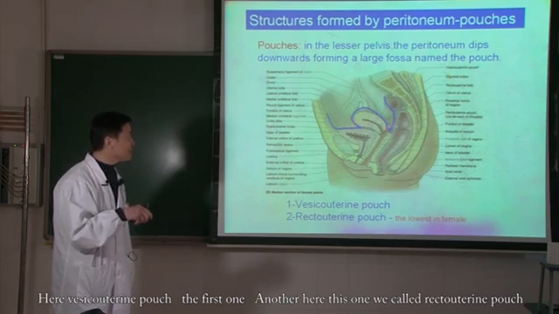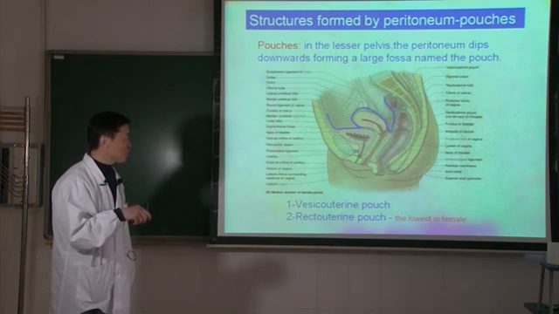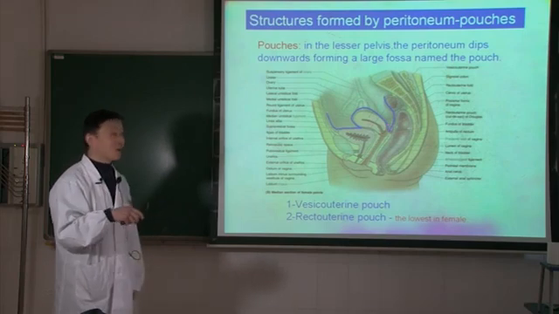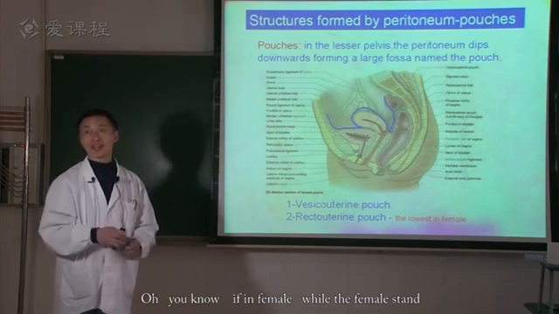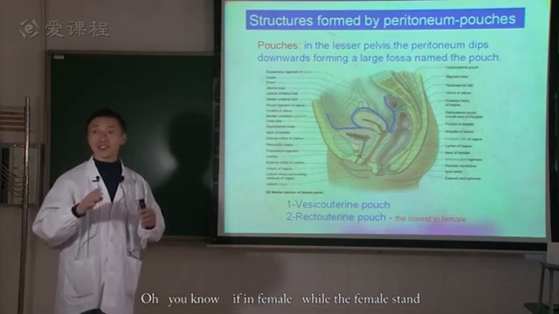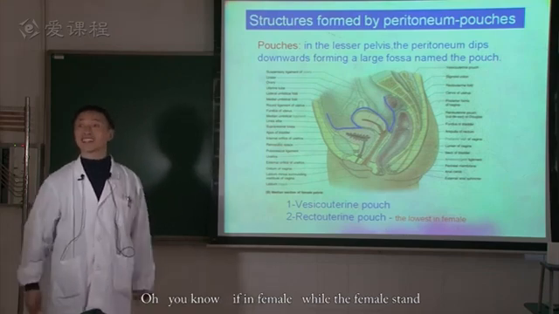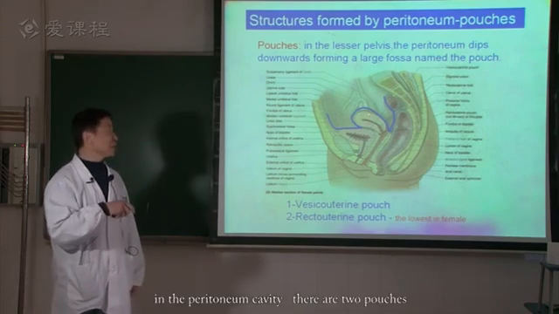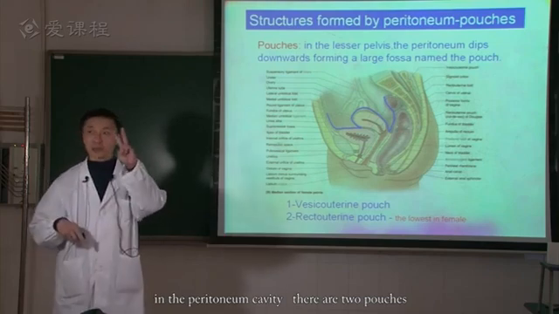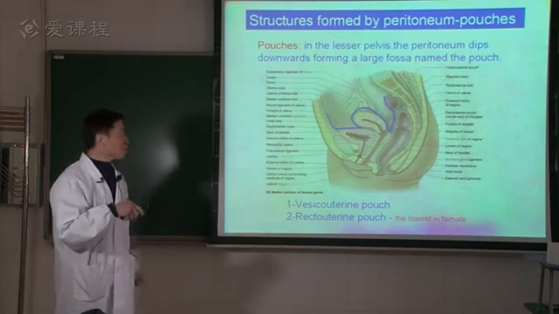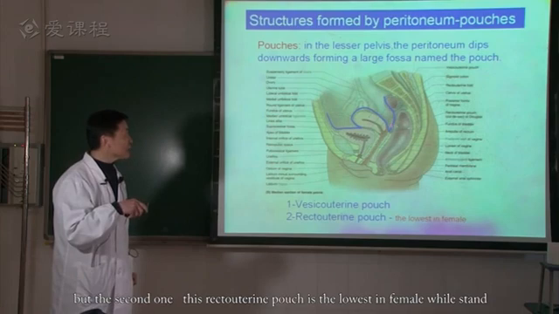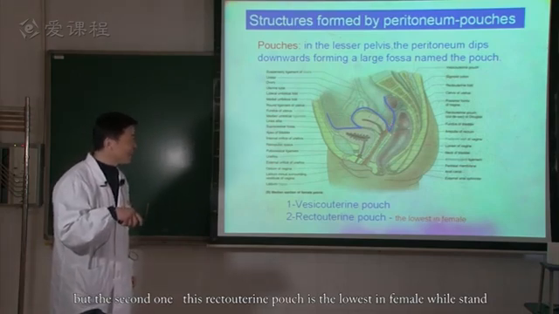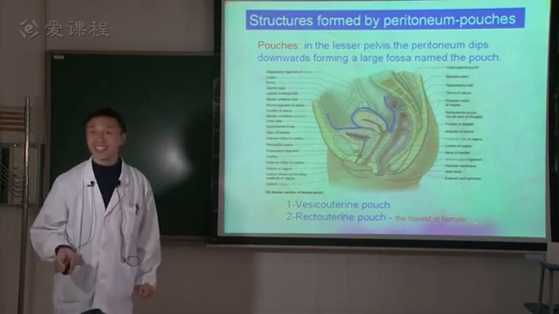Another one here we call the rectouterine pouch. So in the female, there are two pouches in the peritoneal cavity. But the second one, the rectouterine pouch, is the lowest part in the female when standing.